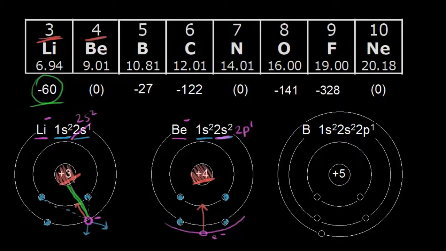However, we also have other effects to think about. So if we think about electron shielding, this electron in magenta is shielded by these inner shell electrons, just like with lithium. However, with beryllium, we have these electrons in the 2s orbital, and since we added the electron in magenta to a 2p orbital, the electron in the 2p orbital is on average further away from the nucleus.